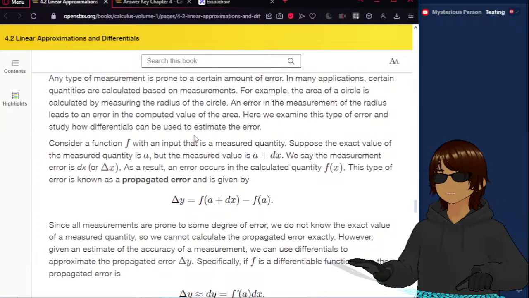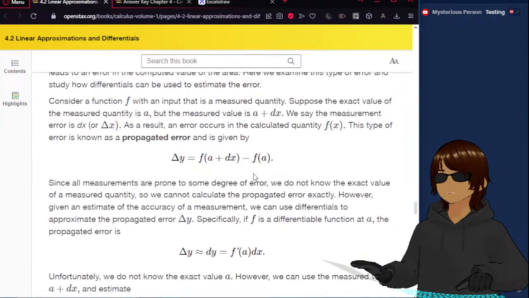Consider a function f with an input that is a measured quantity. Suppose the exact value of the measured quantity is a, but the measured value is a plus dx. We say the measurement error is dx or delta x. As a result, an error occurs in the calculated quantity f of x. This type of error is known as a propagated error and is given by this.